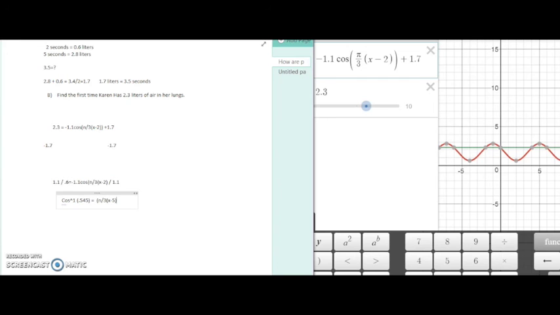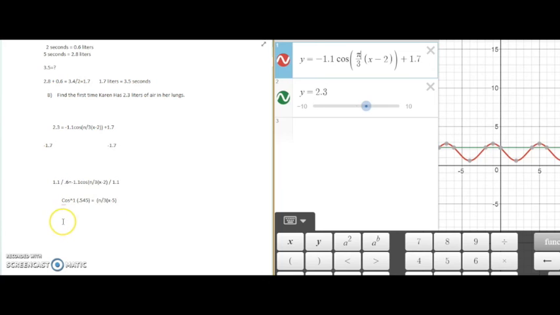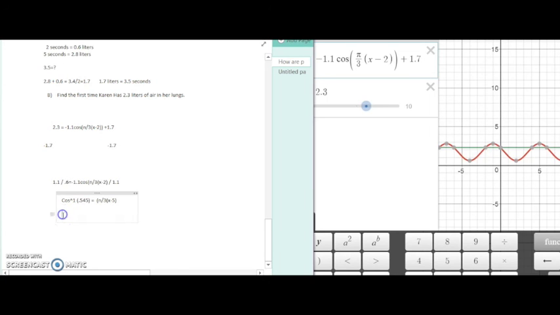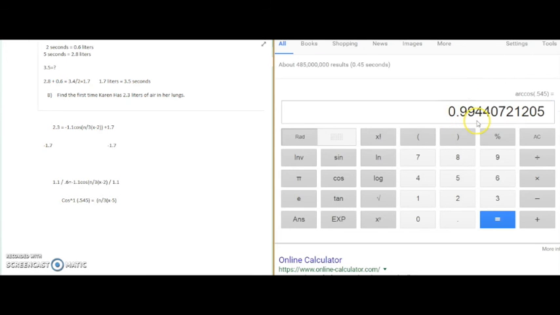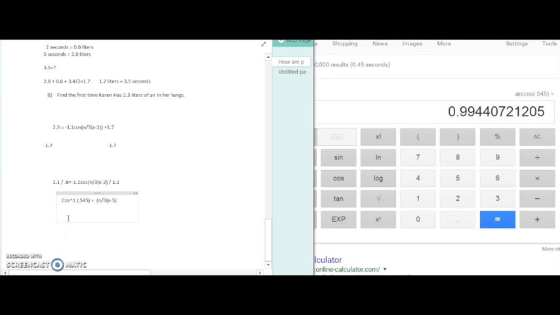After that you take the inverse cosine of 0.545, and then you'll get 0.994.